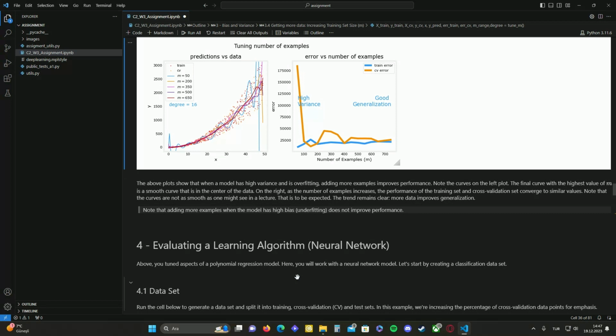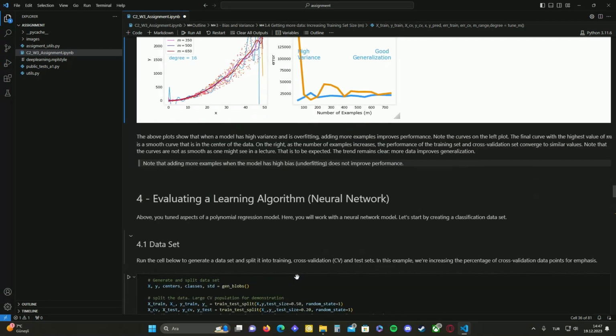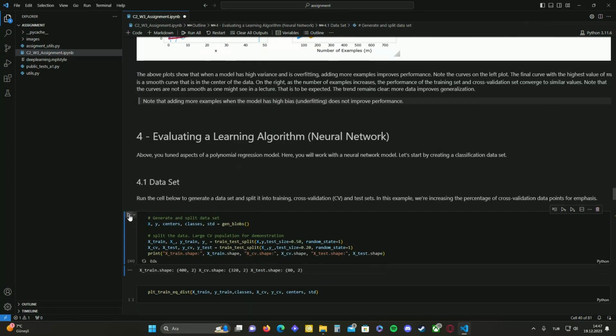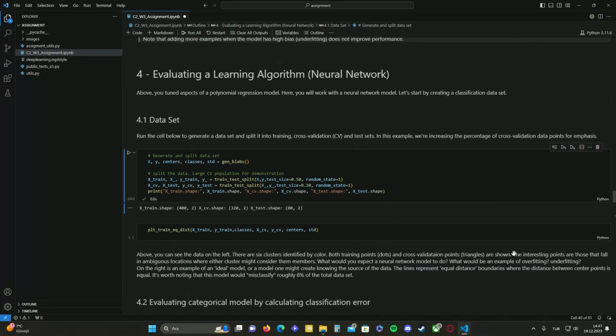Evaluating a learning algorithm, neural network. Dataset. Run the cell below to generate the data and split it into cross-validation and test sets. In this example, we are increasing the percentage of the cross-validation data points for emphasis.